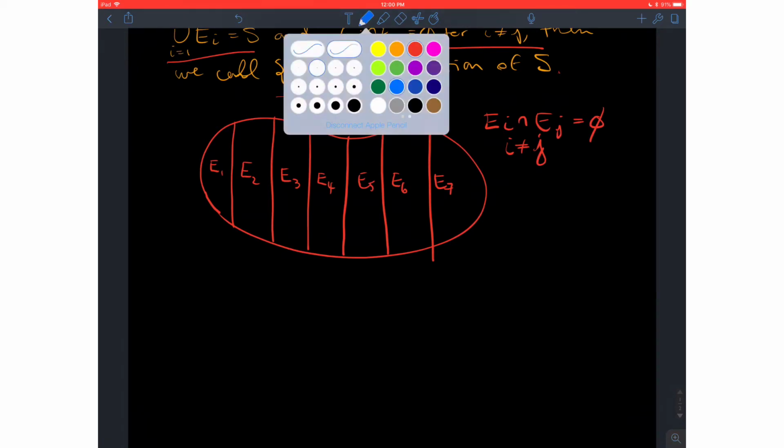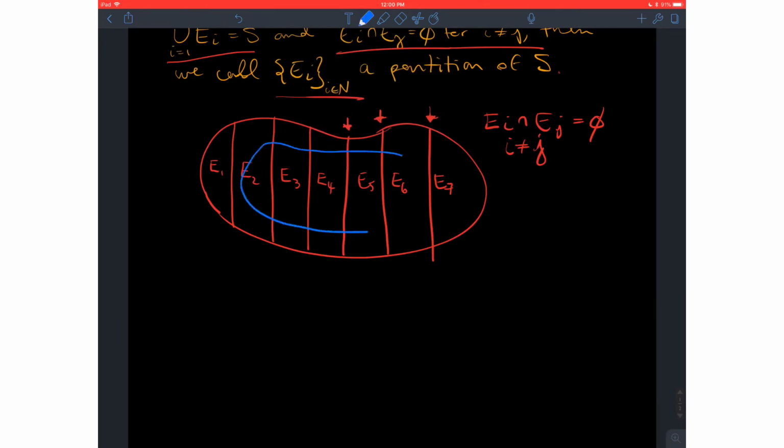How could this possibly be useful? Well, suppose we have a set B that we want to actually know about. What is the probability of B? Well, what we can do is use our partition and define B as the union, it's not a U, it's just a U without the little tail, i equals 1 to 7 of B intersect Ei.